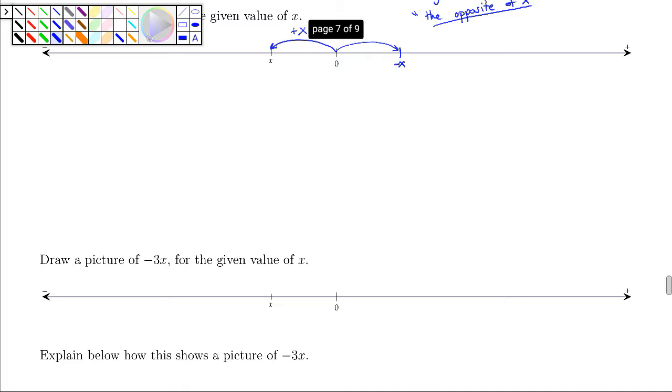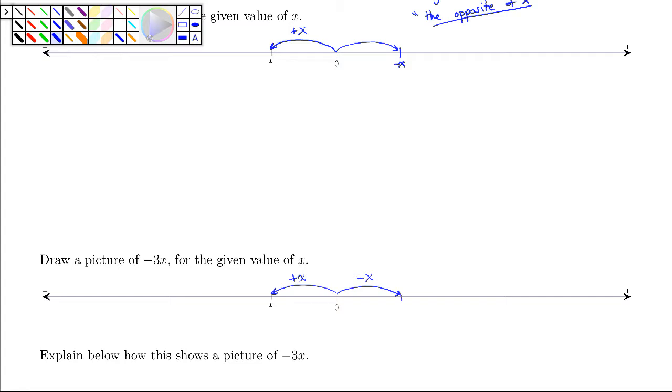And then, again, we did this before, so if this is adding an x, then subtracting an x would go in that direction. Okay? So it would be subtracting 3 x's or adding 3 copies of the negative, the opposite of x.